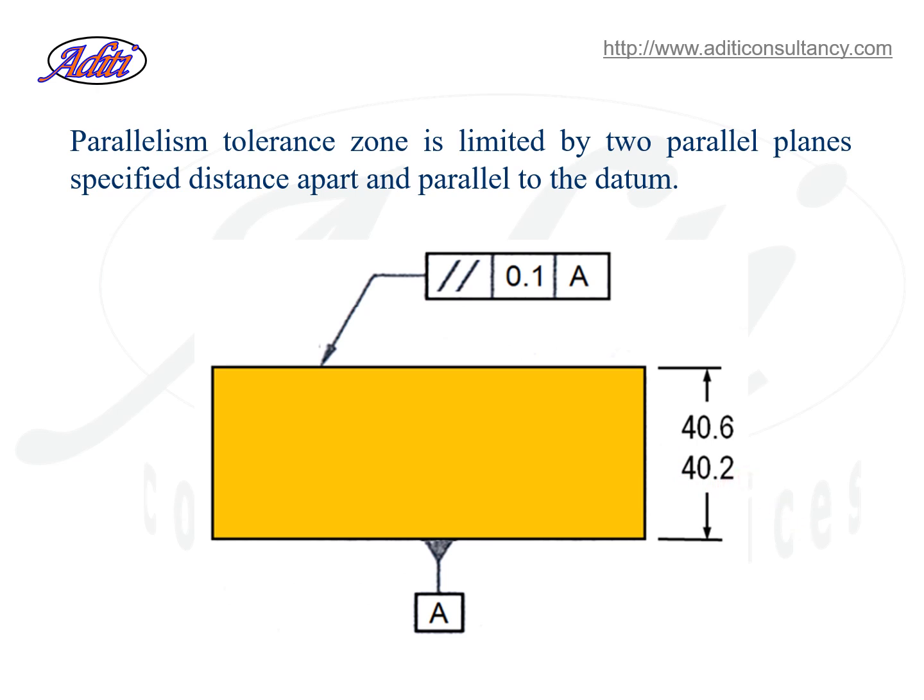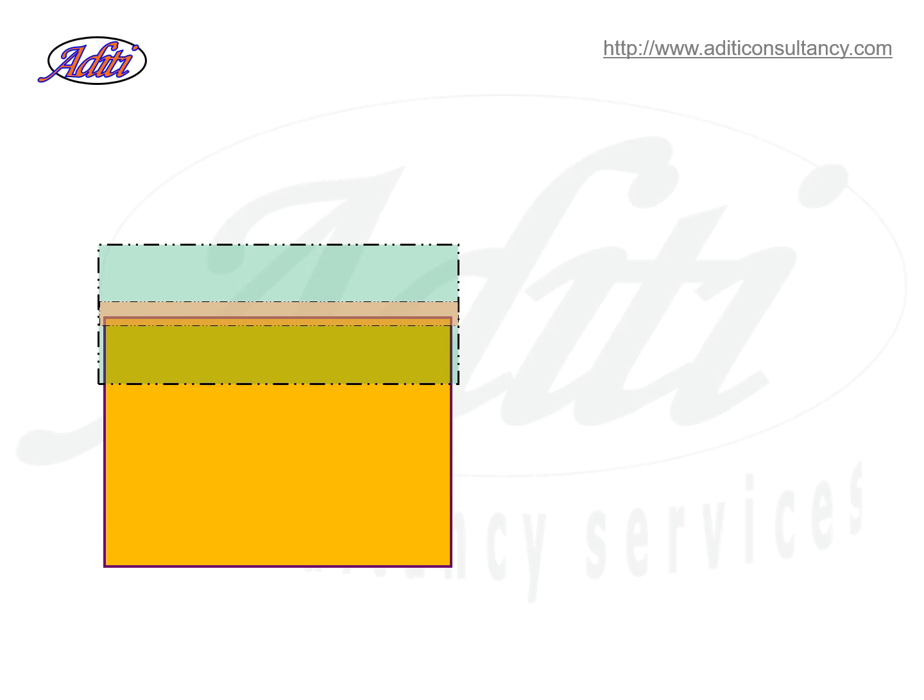Now what is the difference between flatness and parallelism? In case of flatness also, the tolerance zone is two parallel planes and that also is supposed to be within the size tolerance zone. Now this tolerance zone is a floating tolerance zone within the size tolerance. It can float up and down, and also it can get inclined as far as flatness is concerned.